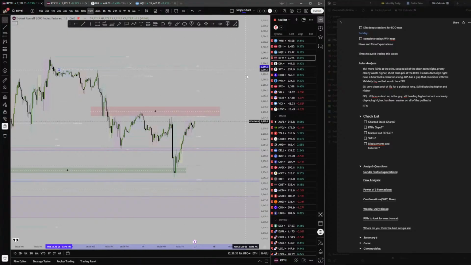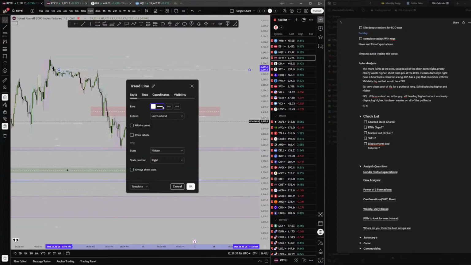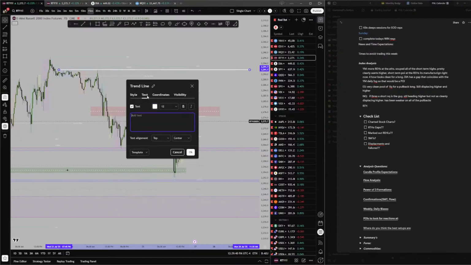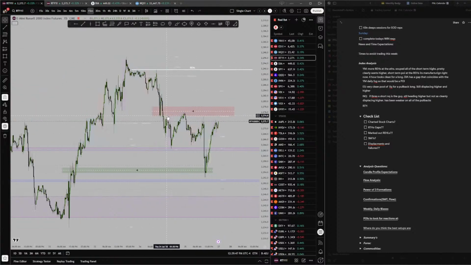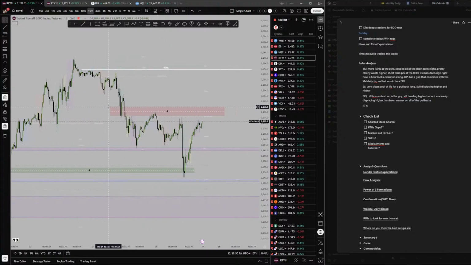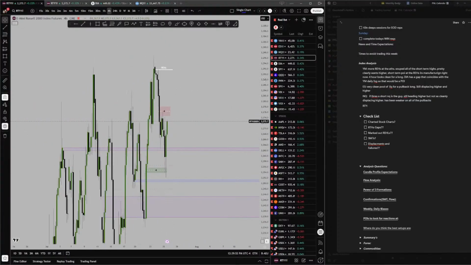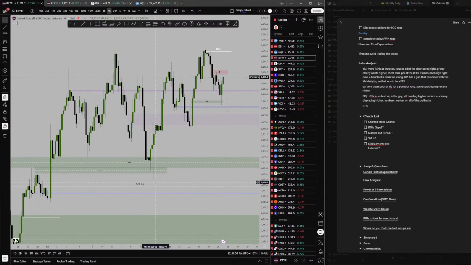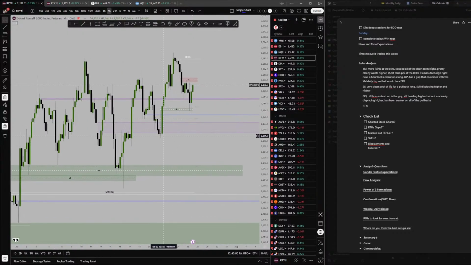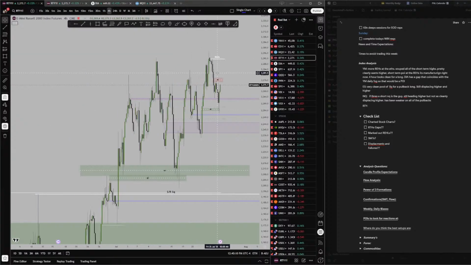There is a nice level here, so that's a nice little level for drawn liquidity. Quite the range. Got a nice soup. Yeah, it seems logical to also head higher.